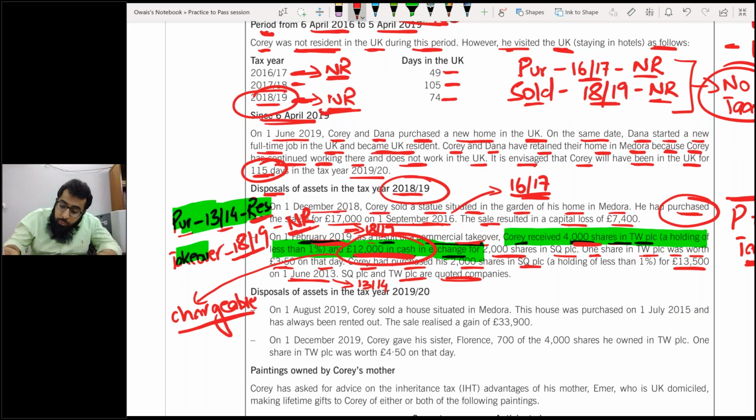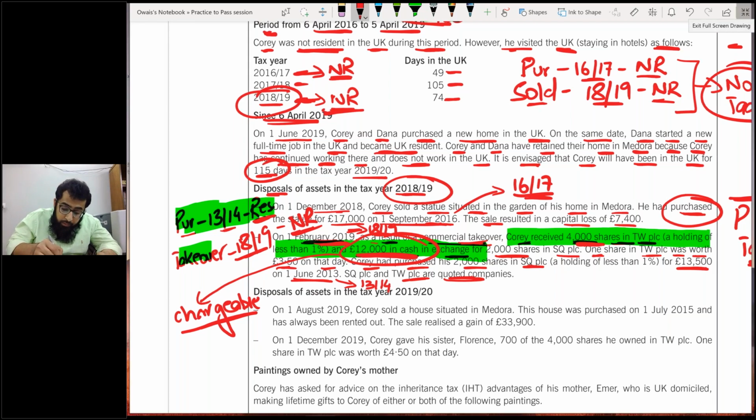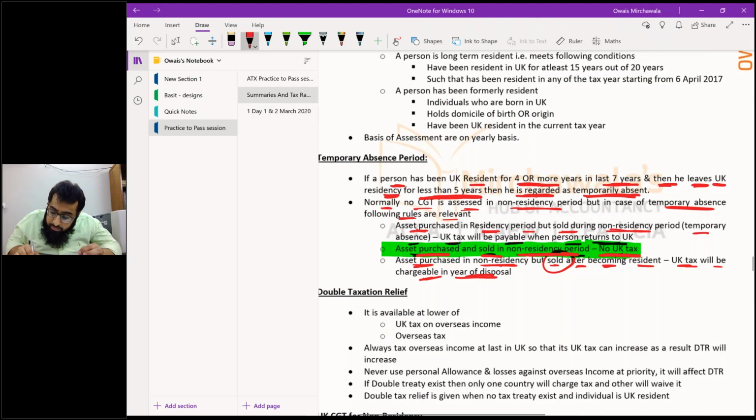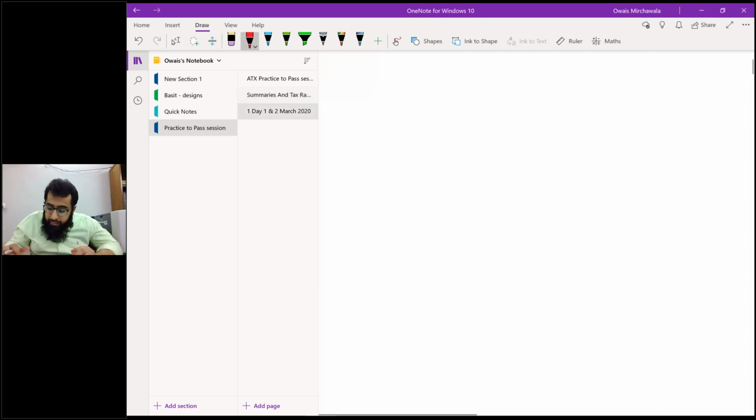Now, if you go back to the rules and you look at there, if you remember from the summaries and tax rate, asset purchased in residency period but sold during non-residency period, UK tax will be payable when a person returns to UK. Now go and look at it back again.